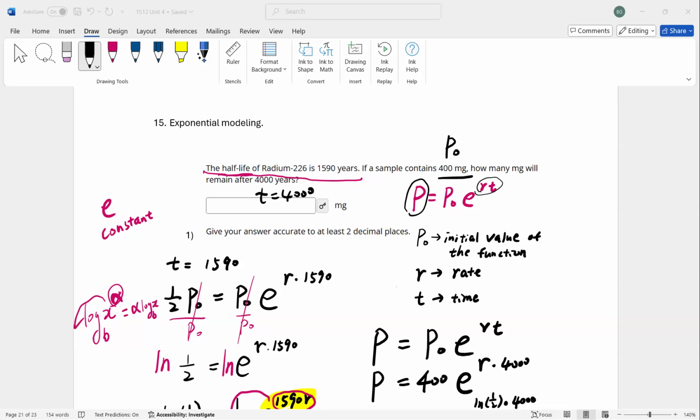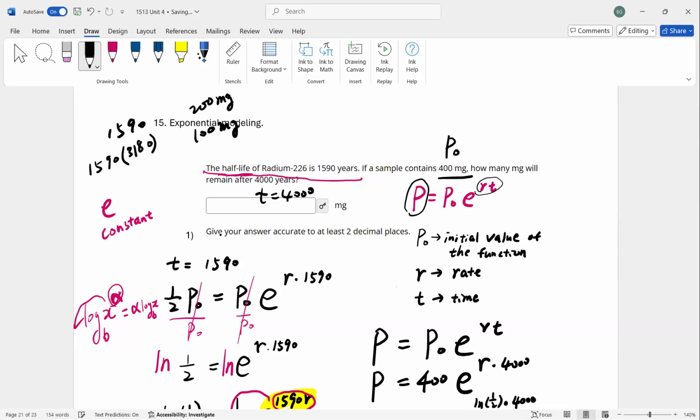If we think about, let's make sense of the half-life. 1590 is the half-life, which means after 1590 years, the substance should weigh 200 milligrams, right? And after another 1590 years, after 3180 years, it's going to be 100 milligrams.